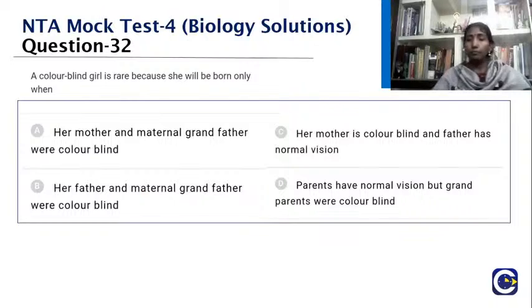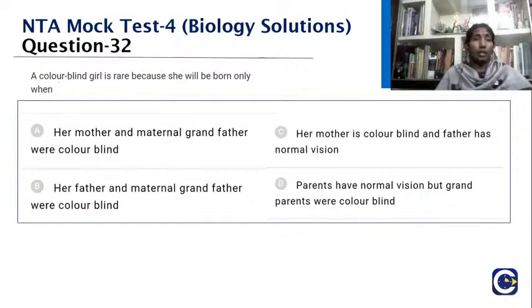Coming to the next question: a colorblind girl is rare because she will be born only when a father and maternal grandfather were colorblind, a mother is colorblind and father is normal vision, or parents have normal vision but grandparents were colorblind.